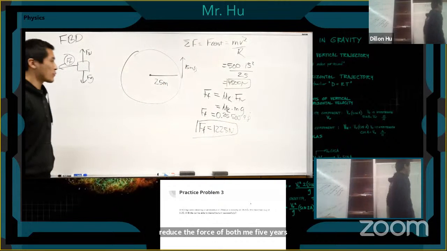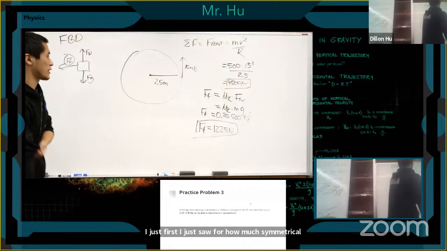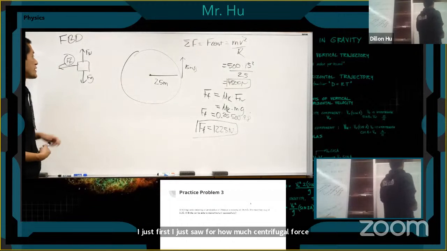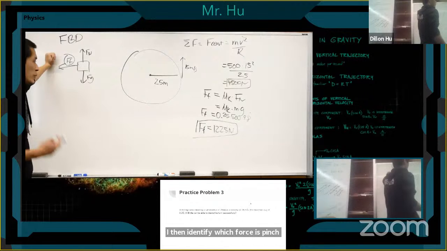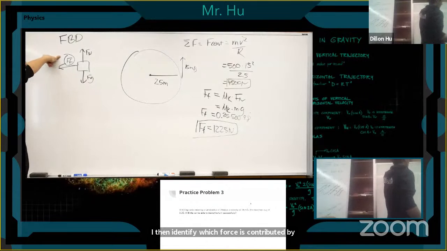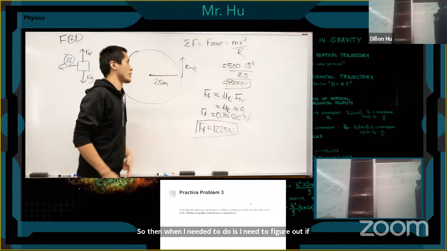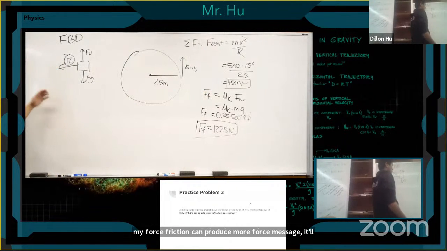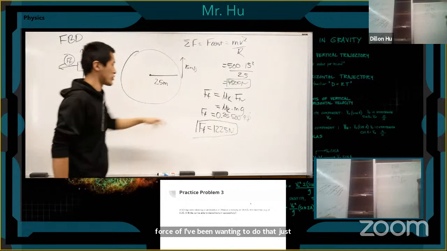As a quick recap, what did I do? I solved for how much centripetal force you need just by plugging stuff in. I then identified which force is contributing to my centripetal force, which is just the force of friction. Then I needed to figure out if my force of friction can produce more force than my centripetal force. So I solved for the friction force, which is mu k times the normal force.